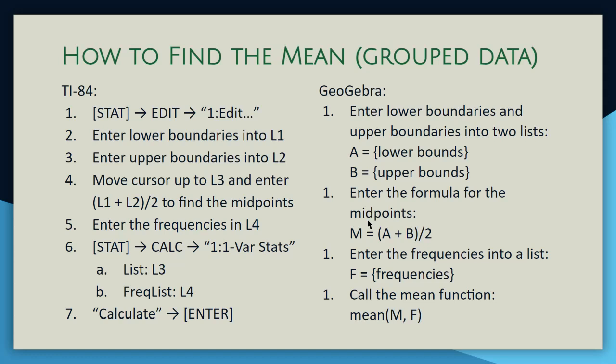So when you type this exactly as it appears on the screen in GeoGebra, it should then produce a list, m equals curly brackets, and then the list of midpoints. In the next box, you're going to type f equals, and then your list of frequencies. And then you're going to call the mean function, mean, and give it the midpoint list name, frequency list name, m comma f.